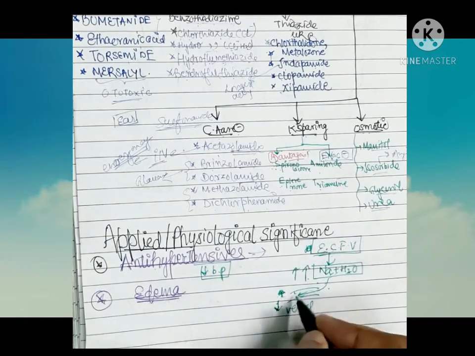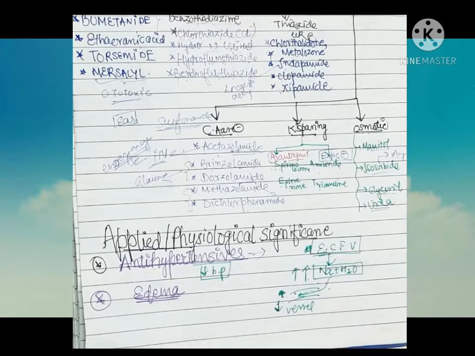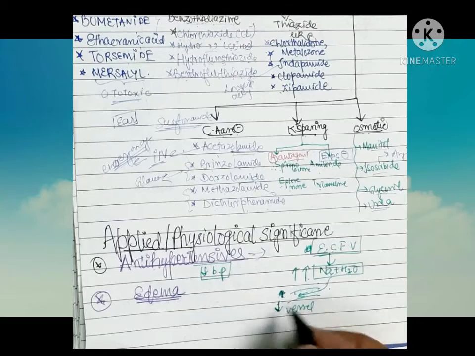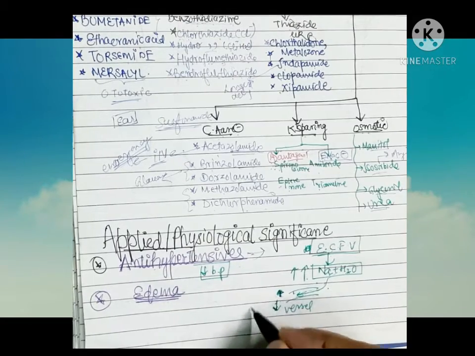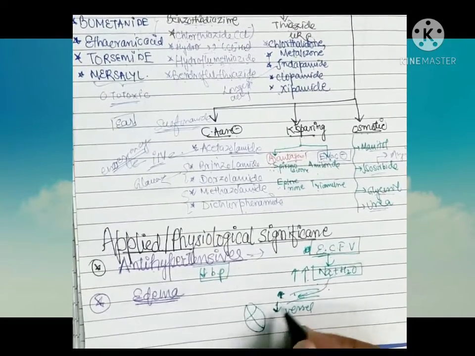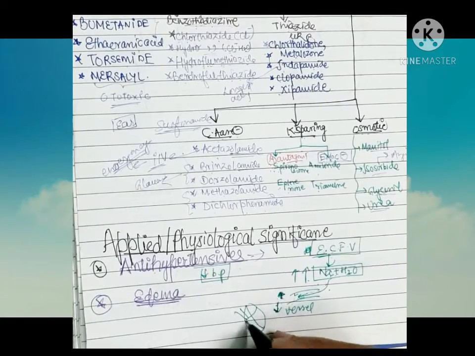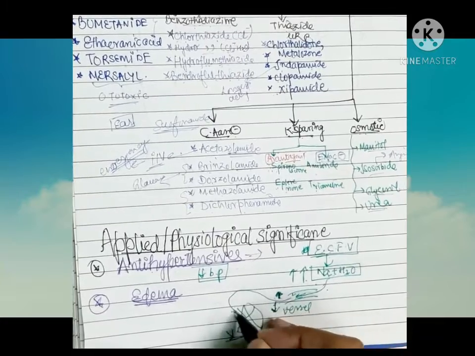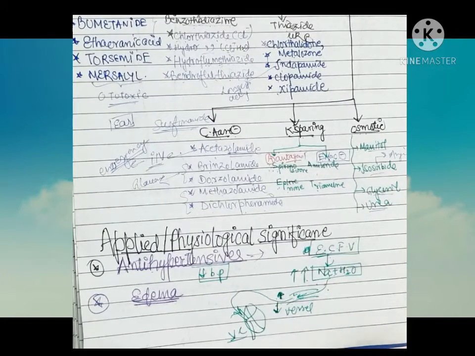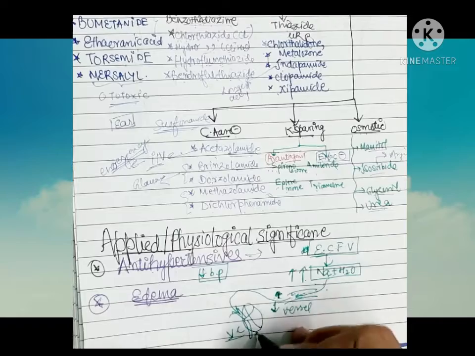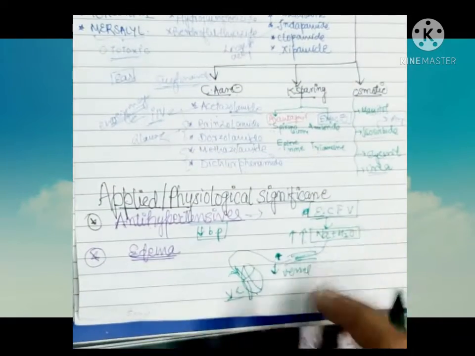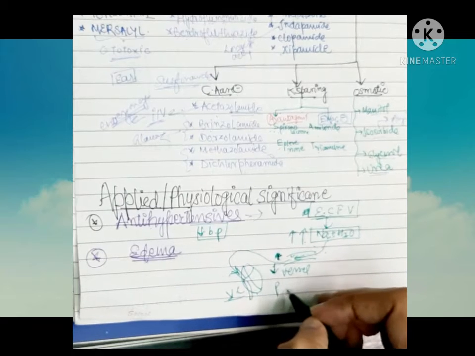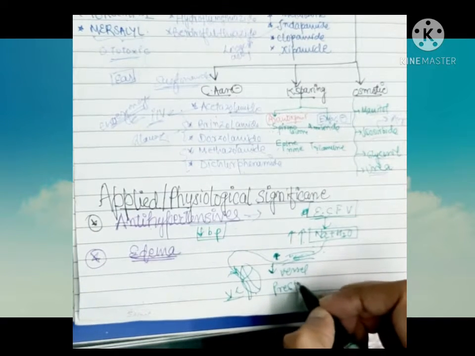If you want to understand further, the fluid goes into the vessel and causes stretching, and it also fills the heart. We know that this is a vessel, the vena cava, and blood is coming inside it. There will be more filling of the heart, then more pre-stretch to the myocardium.